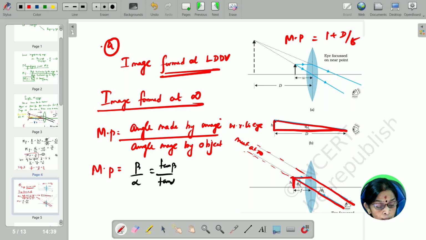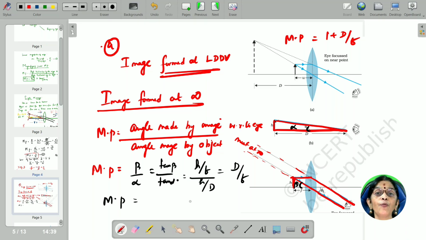This is beta, and the object angle is alpha. Beta is nothing but h by f, alpha is nothing but h by d. H gets cancelled, so you get d by f. So the magnification power for the image formed at infinity is just d by f.